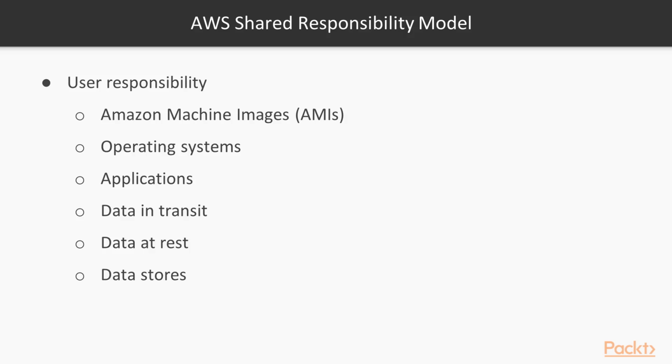We've seen that users are responsible for their applications, for data in transit, for data at rest, for data stores. So we've seen that they are responsible for different types of encryption, for example, how to encrypt their data. They can specify different methods that AWS offers, but this needs to be a step that is explicitly defined by the user rather than something that comes out of the box from AWS.